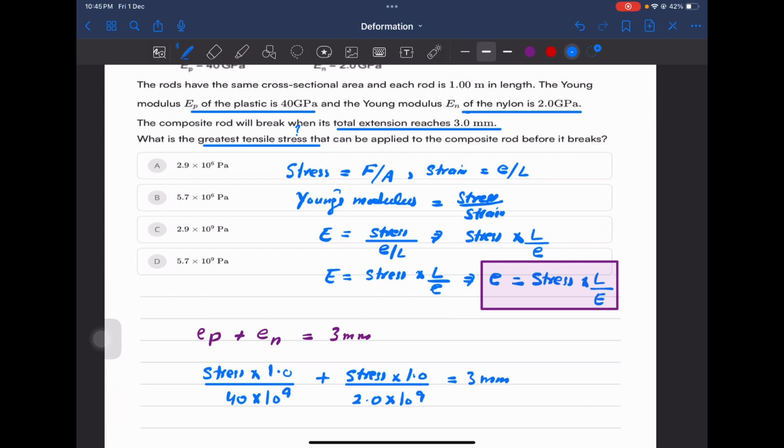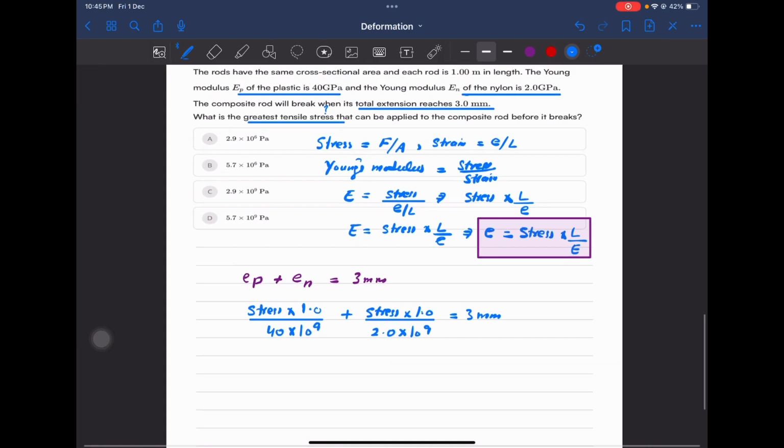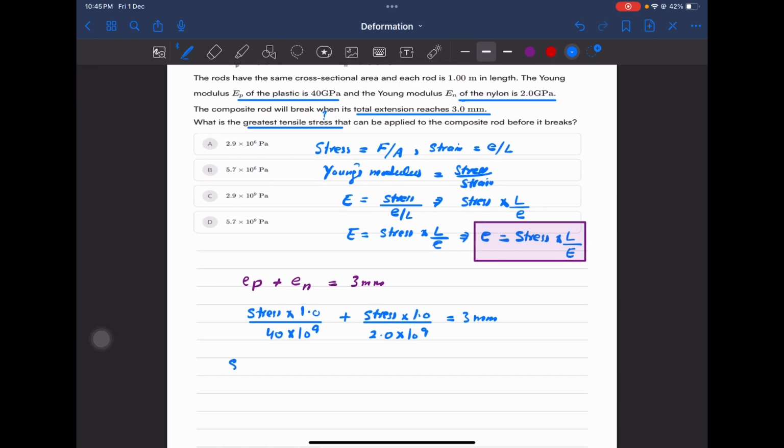Now the next step. Since the stress remains the same, we can take the stress as common. You write over here: stress times 1 by 40 into 10 to the power 9, plus 1 by 2 into 10 to the power 9, equals 3 milli. Milli is 10 to the power minus 3. By putting this in the calculator, we are interested in finding the stress.